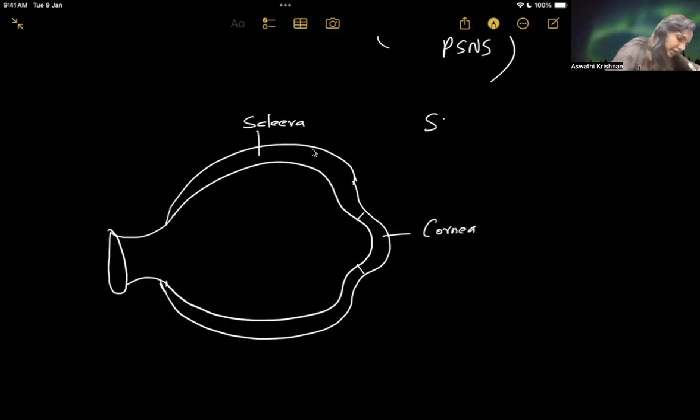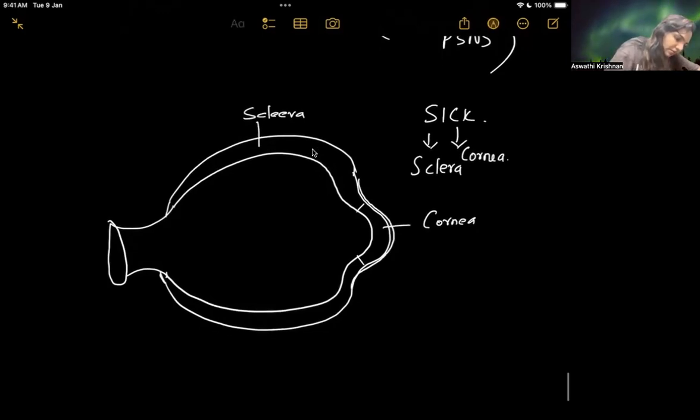So SICK stands for: S stands for sclera, C stands for cornea. And there is a thin outer mucus layer, called, instead of this SICK, we can take it as C again, the conjunctiva.